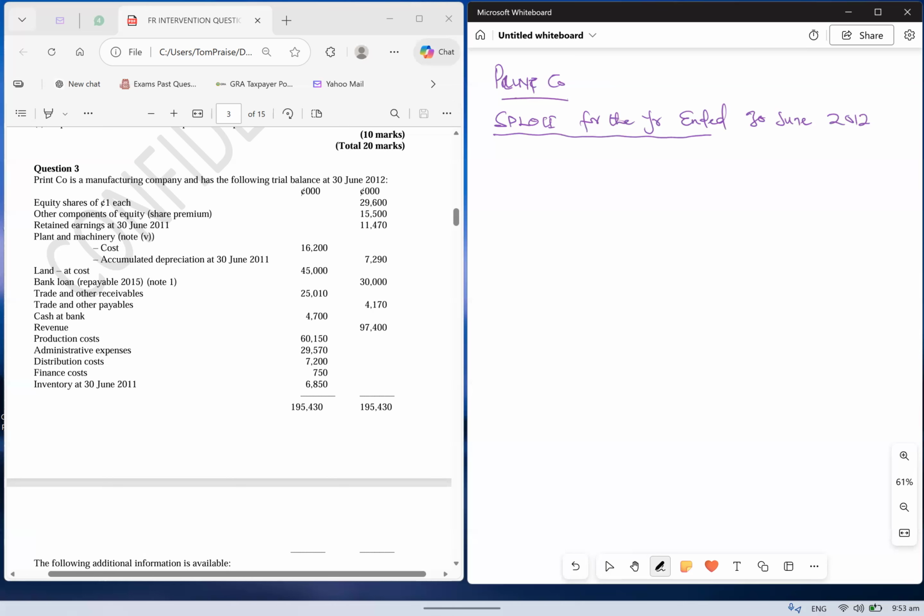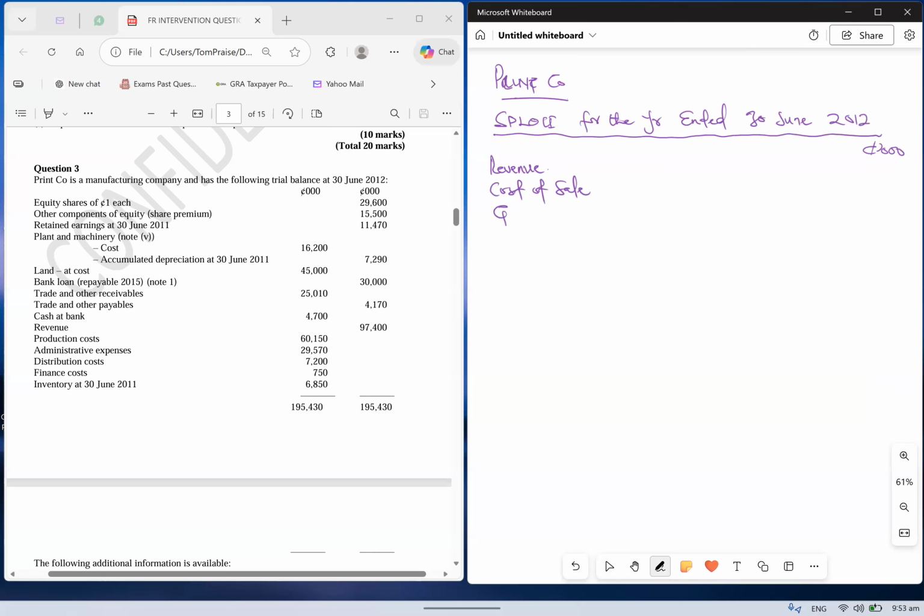Please don't go and write SPL and OCI. You are supposed to write the full thing, statement of profit and loss and other comprehensive income. Write the full thing. All right. From IAS 1 or IFRS 18, depending on the time you are doing this, we all know you start with revenue, then cost of sales.